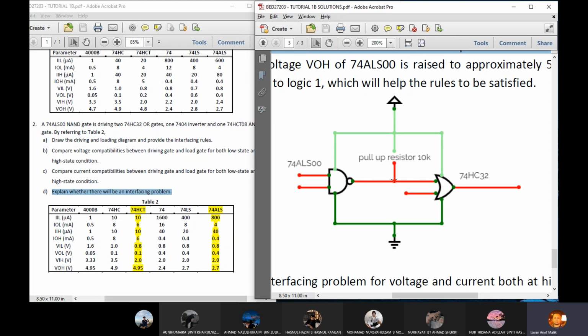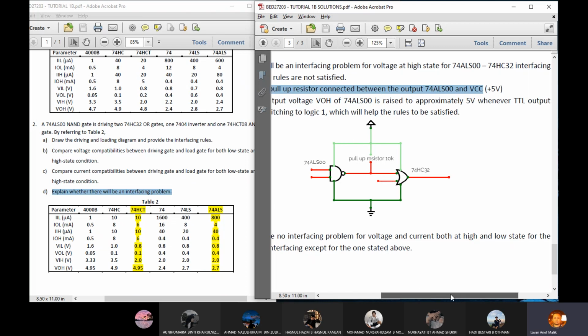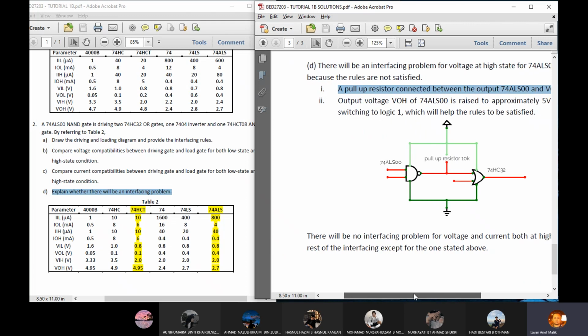You have to use a pull-up resistor at the output of this NAND gate, 10K as the value of the resistor, and then connect it to VCC plus 5 volt. Okay, so what happened? The output voltage VOH at this NAND gate will be raised to approximately 5 volt whenever the TTL is about to switch from 0 to 1.